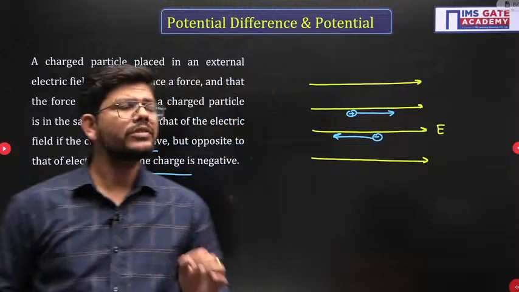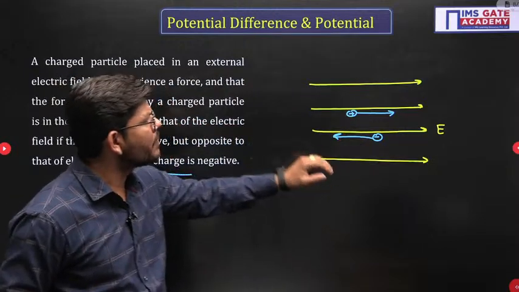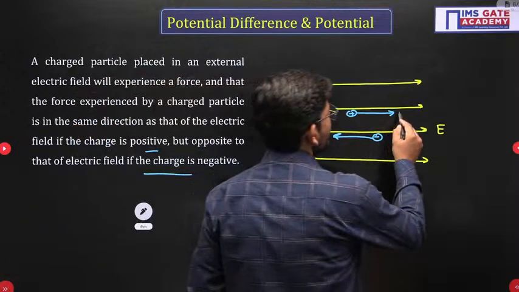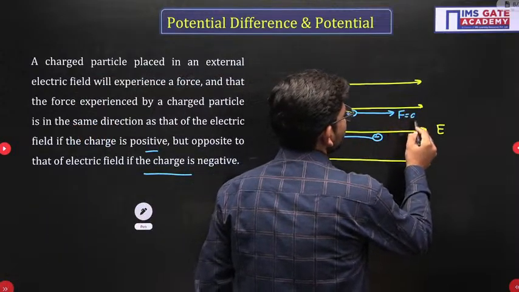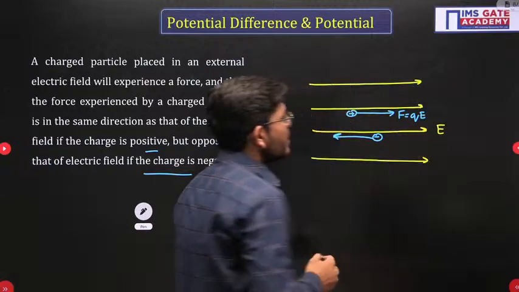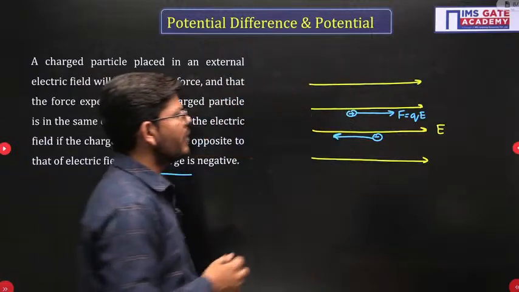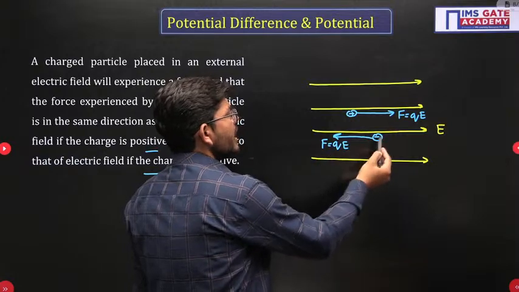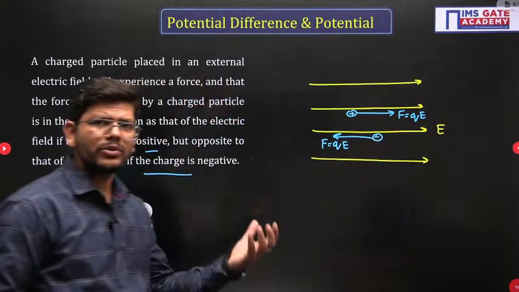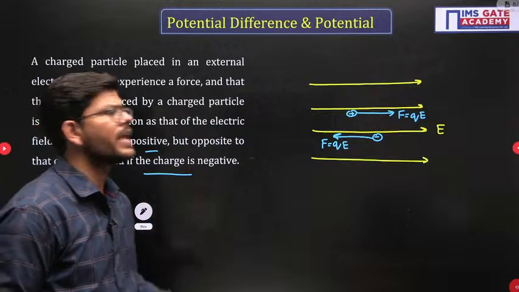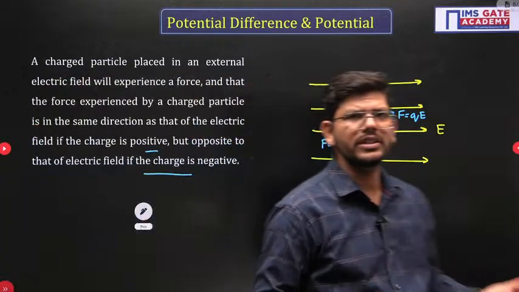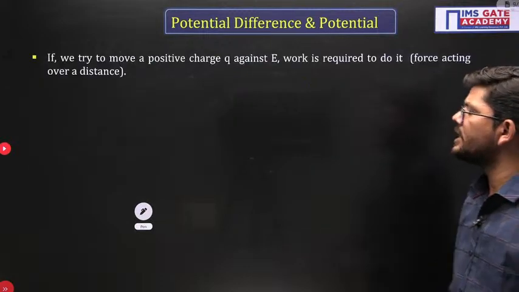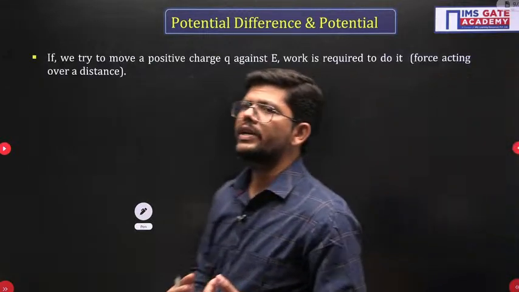So if in the electric field we have a charge, that charge will feel a force in the direction of the field, and that force will be Q into E if it is a positive charge. Now it will feel an opposite force if it is a negative charge, opposite to the direction of the field. So this is a simple concept, we should know this. If we have a positive charge, it will feel a force in the direction of the electric field.